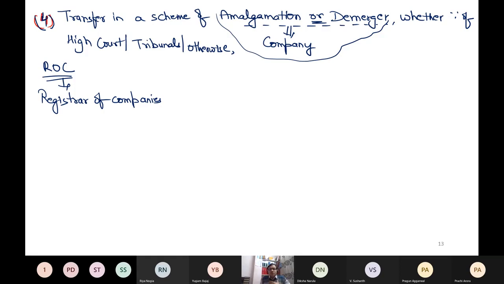So we need to check when the ROC has given the certificate of incorporation, because this certificate is necessary to incorporate a company.